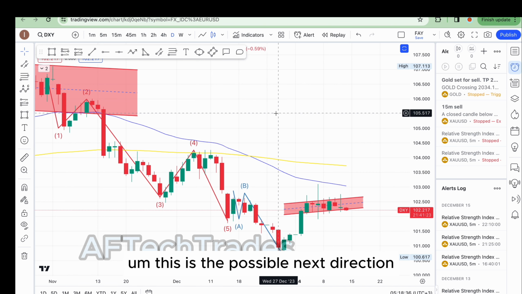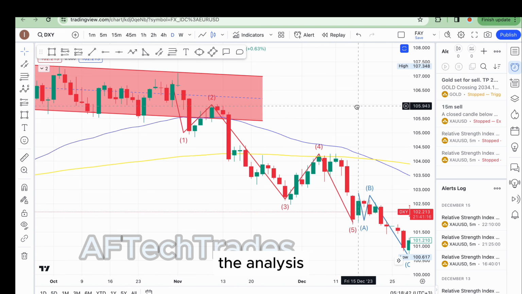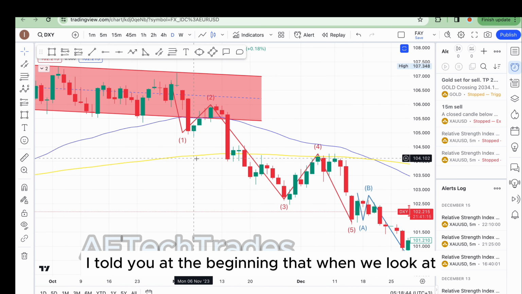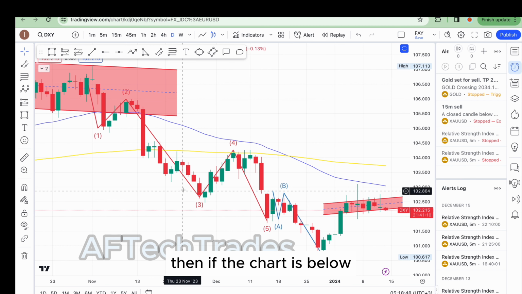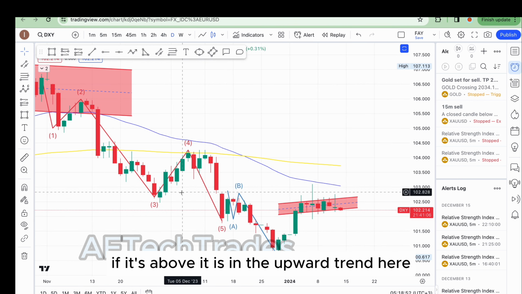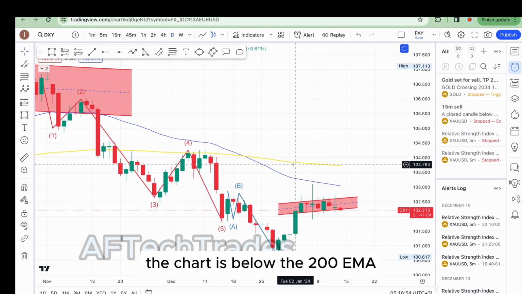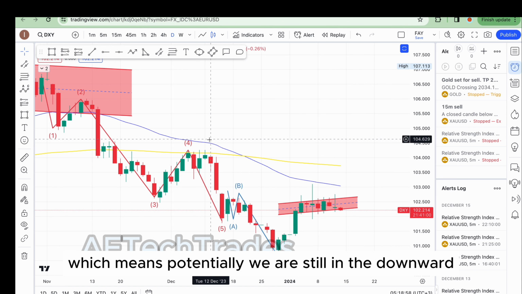next direction. Now looking at the other side of the analysis, I told you at the beginning that when we look at the 200 EMA, if the chart is below it, we know it's in the downward trend. If it's above it, it's in the upward trend. Here the chart is below the 200 EMA, which means potentially we are still in the downward trend.